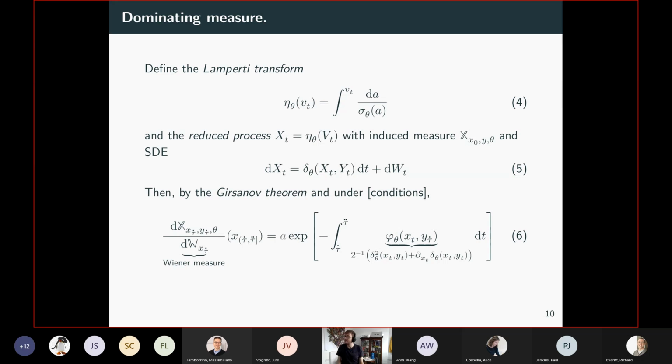Of particular interest here is the exponential of that path integral, which we write in terms of this function phi, which derives itself from the drift. So this is a density of sorts for the path of the process X between times tau dot and tau double dot.